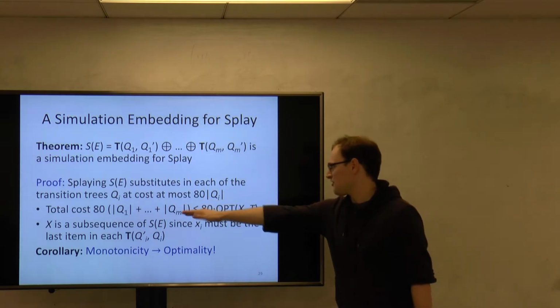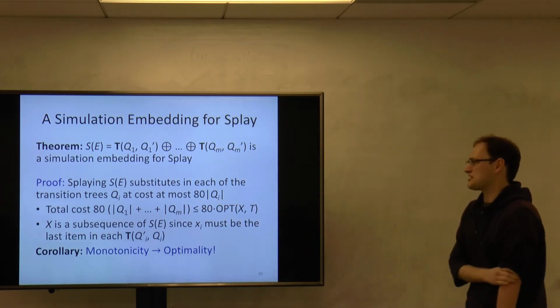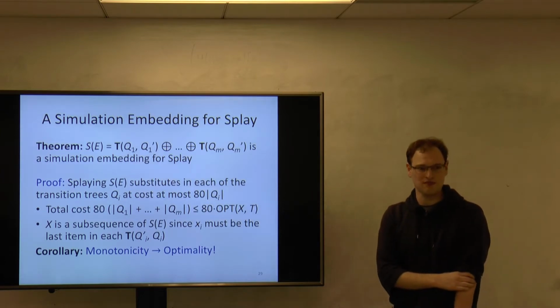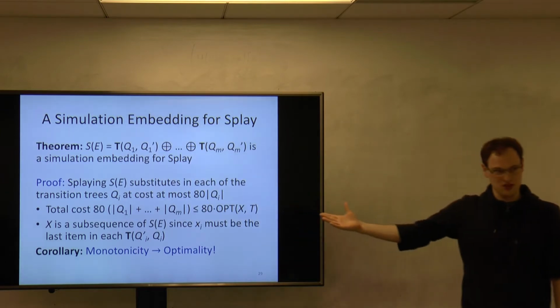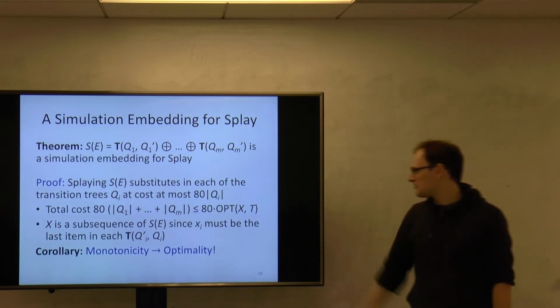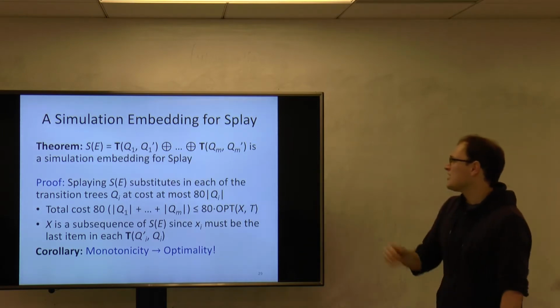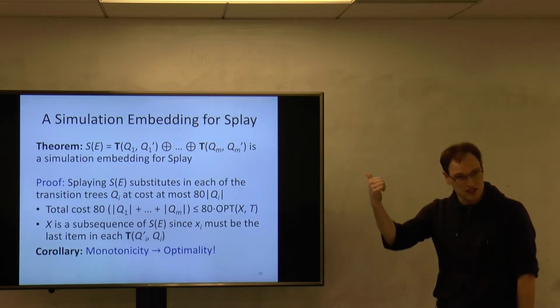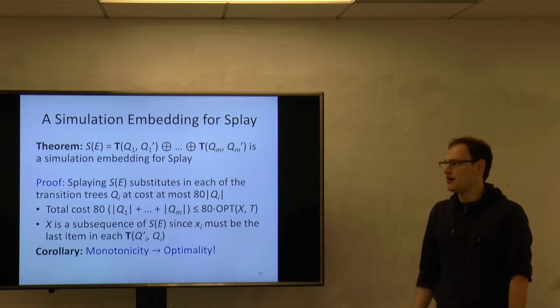So the total splay cost is 80 times the sum of the subtree sizes, which is 80 times the cost of the original execution, and I can set my execution to whatever I want. So I make it the optimum execution. The only detail here is we need to show that the original request sequence is a subsequence of this thing.